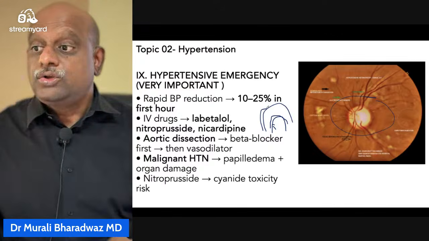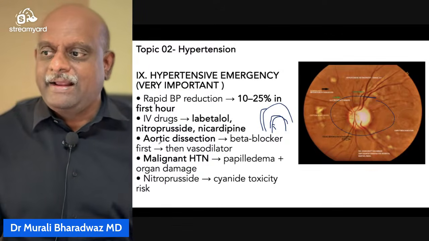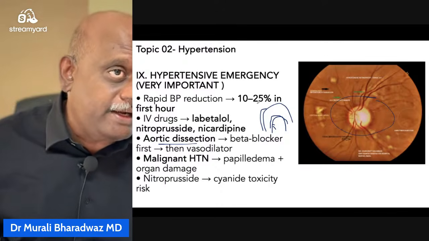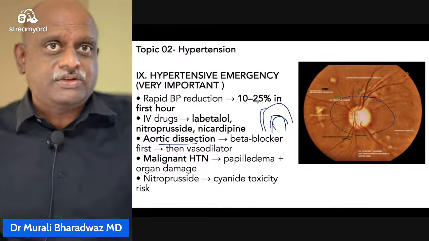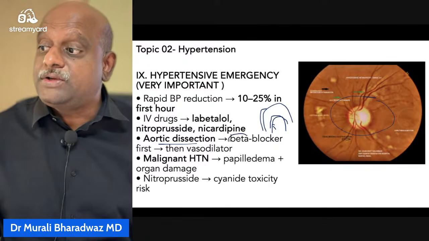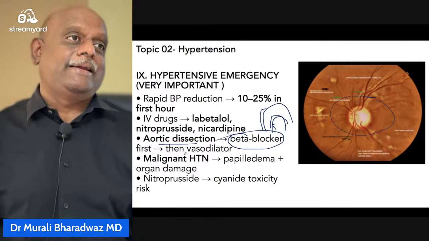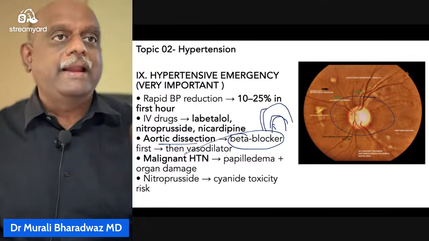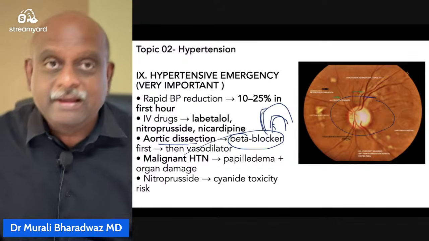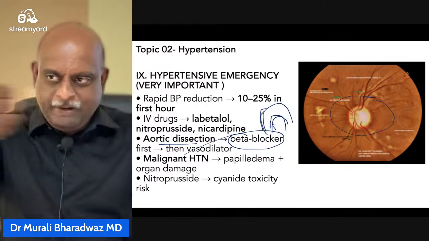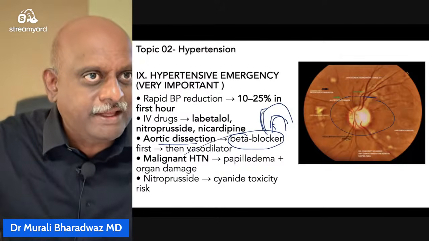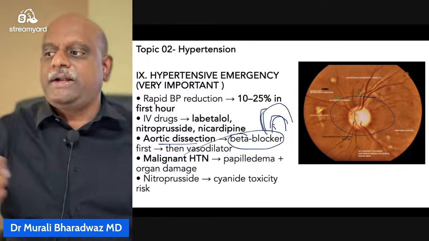Why does aortic dissection occur? It is a consequence of your hypertension. So you need to control the hypertension by giving a beta blocker, which is the rule in aortic dissection, so that it will decrease the shearing stress which is ripping off the wall of the aorta.